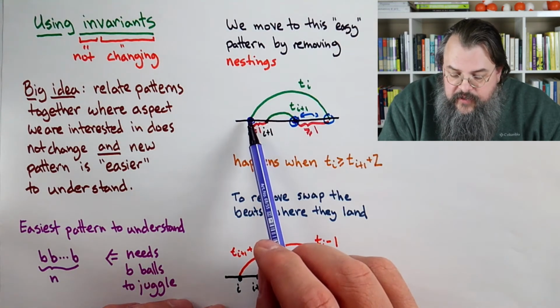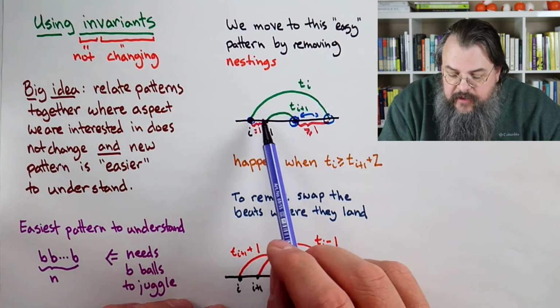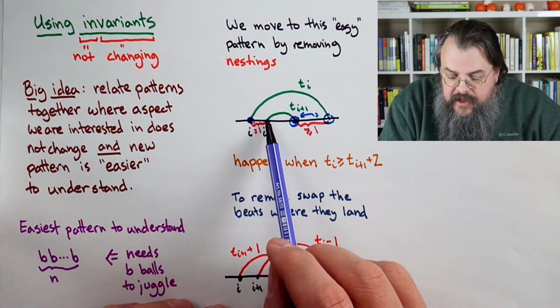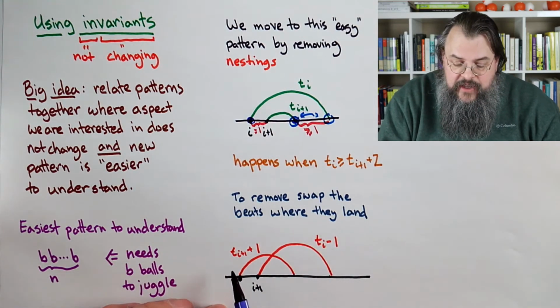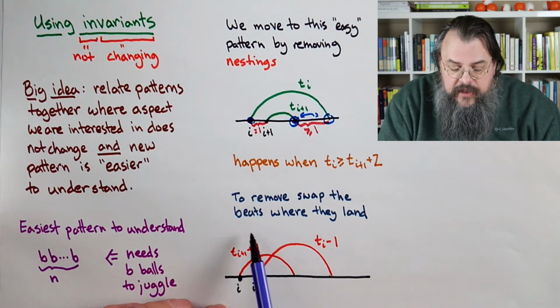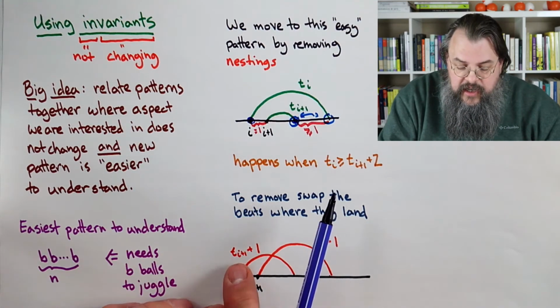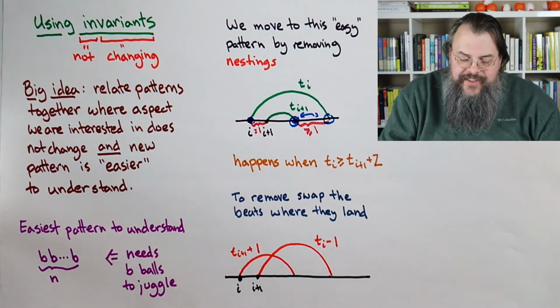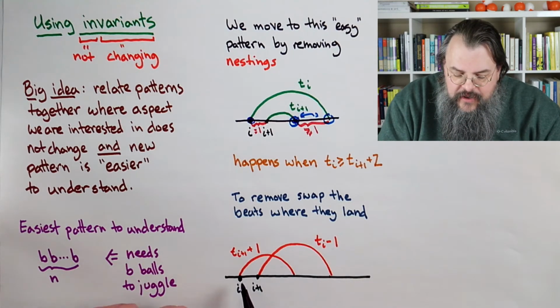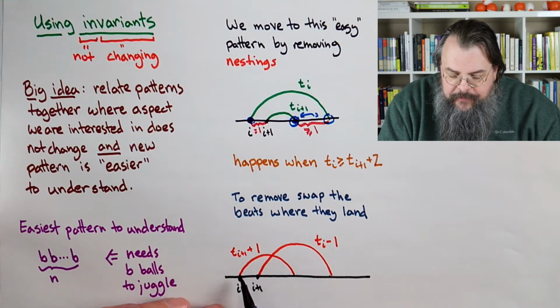Let's just figure out the number of beats in between. There's one beat there, and t sub I plus 1 beats there. So the throw that we need to make is t sub I plus 1 more. All right, so that's what's happening to our throw here.